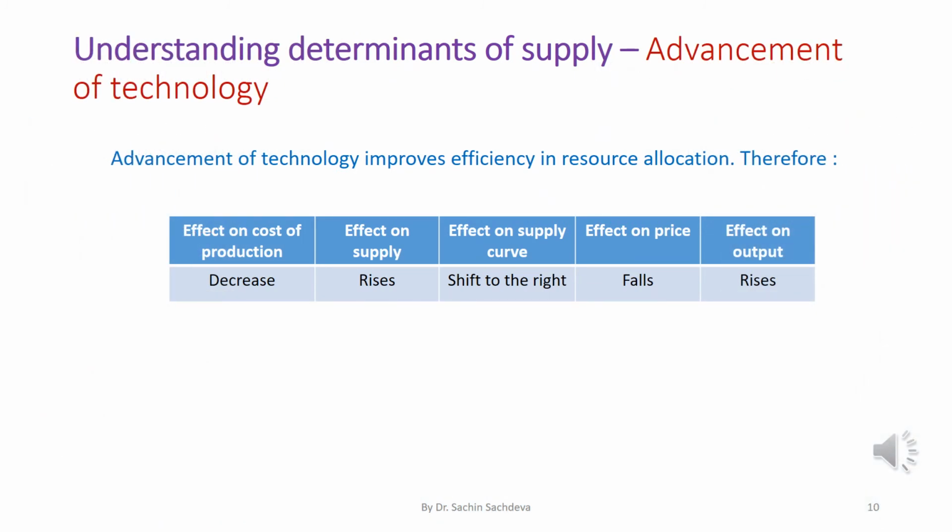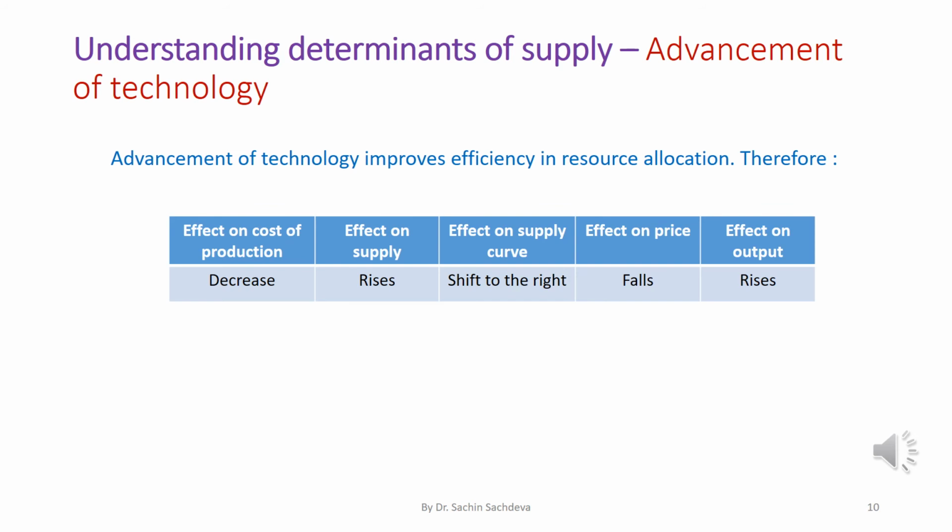Another determinant of supply is advancement of technology. As I mentioned earlier, it's a very positive thing if the technology is appropriate to the needs of the country or to the needs of the firm. It is going to improve efficiency. Efficiency means resources will be better used. Wastage of resources can be reduced, if not eliminated.